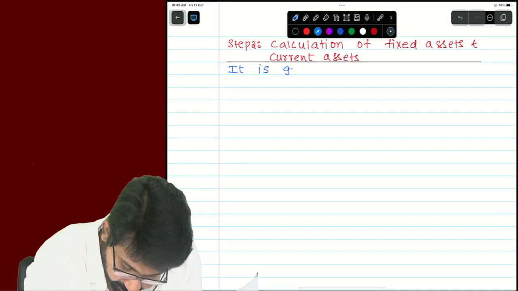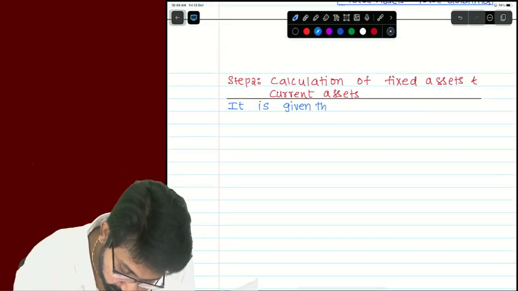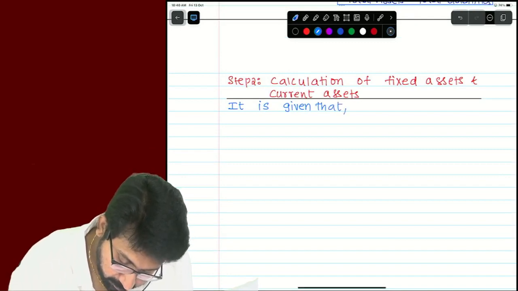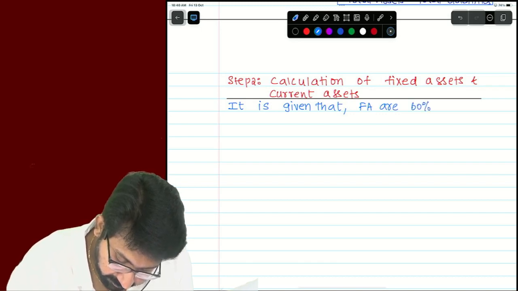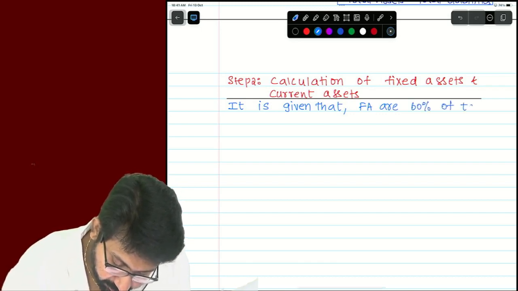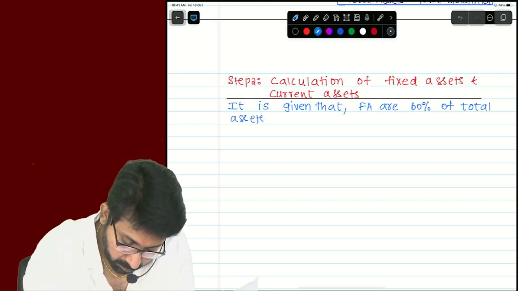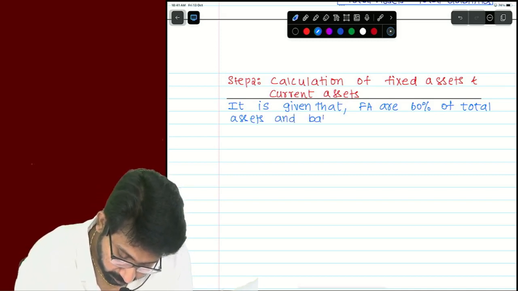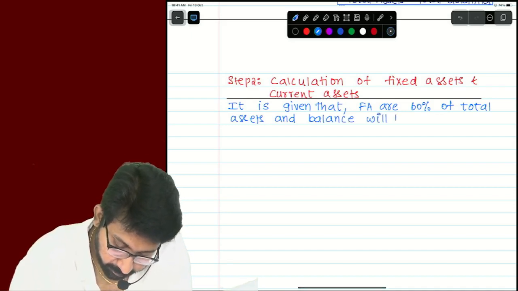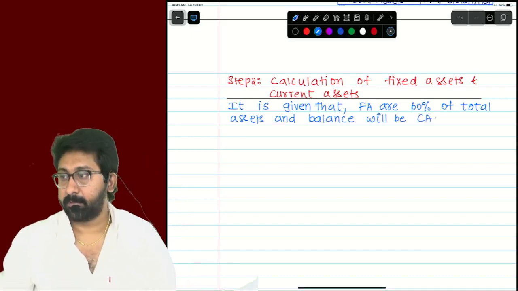It is given that fixed assets are 60% of total assets and the balance will be current assets.